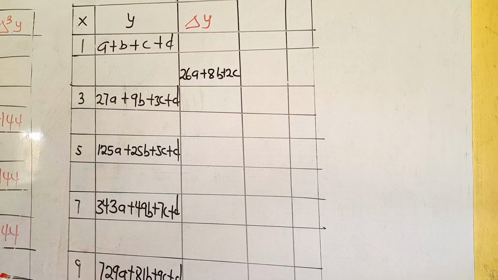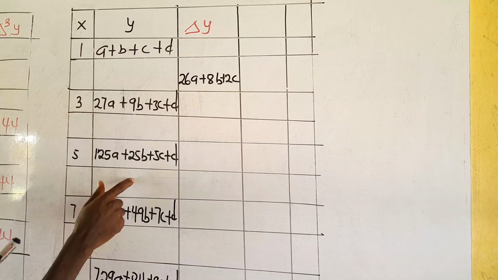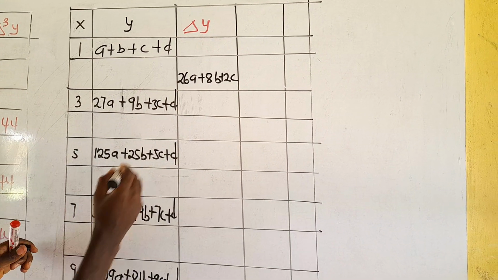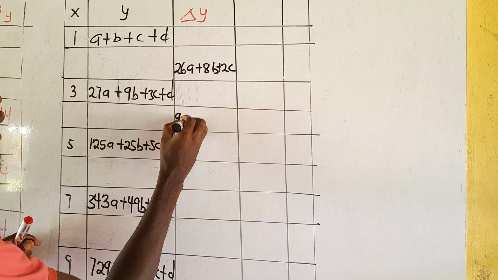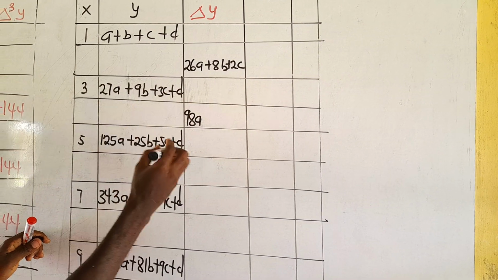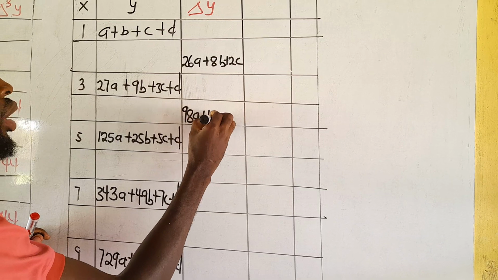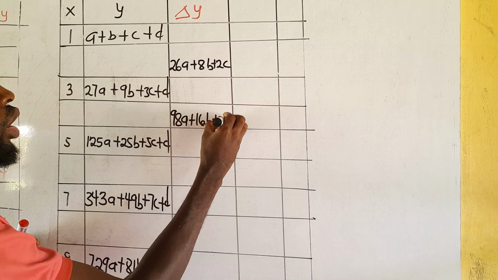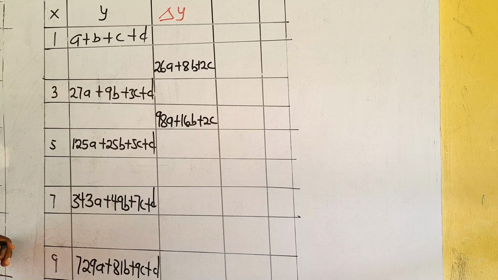Then d minus d will be 0. Find the difference between this and this. 125a minus 27a will give us 98a. Then 25b minus 9b, that will be 16b. Then 5c minus 3c, that will be 2c. Then d minus d will be 0.